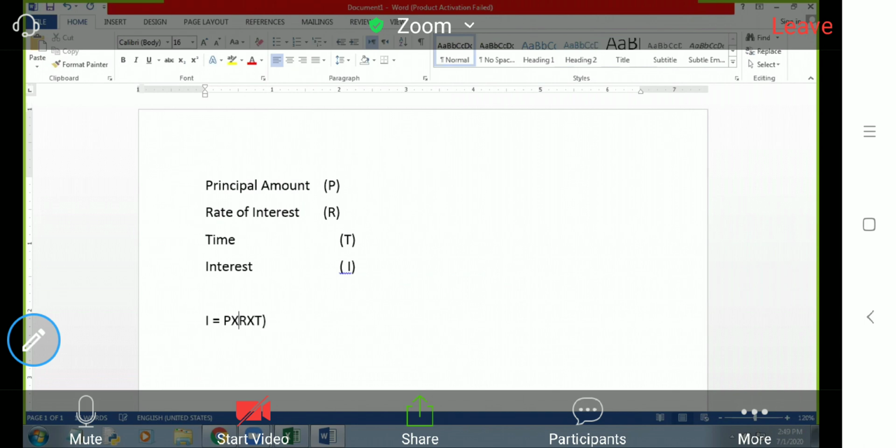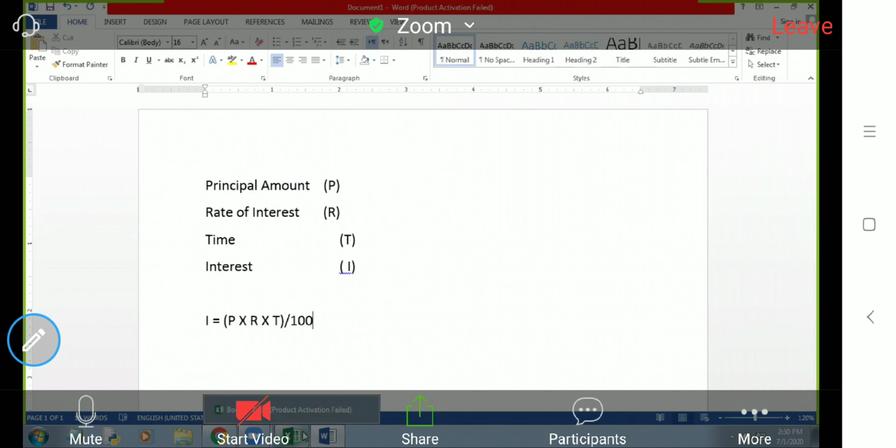You can see P multiplied by R multiplied by T and divided by 100. So actually this is the formula to calculate simple interest. We can use this formula in MS Excel, but directly we cannot write this formula in MS Excel. We have to convert these values into cell references.